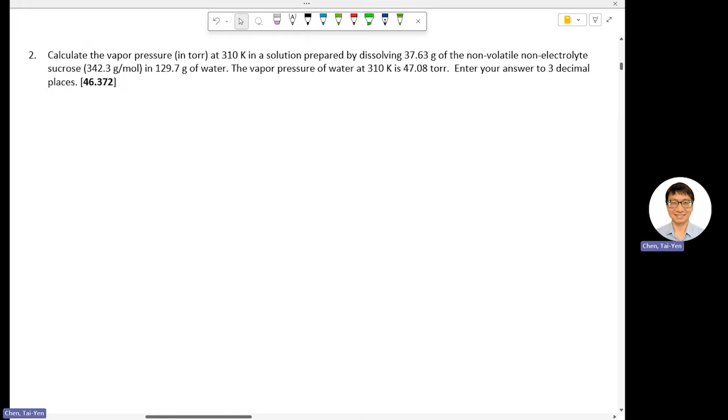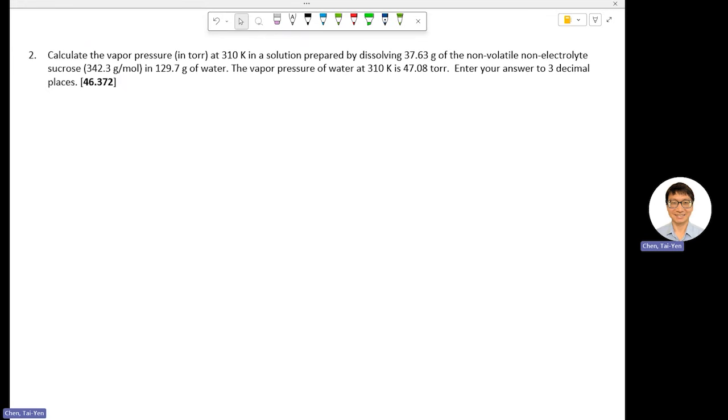Calculate the vapor pressure in torr at 310 K in a solution prepared by dissolving 37.63 grams of non-volatile, non-electrolyte sucrose in 129.7 grams of water.